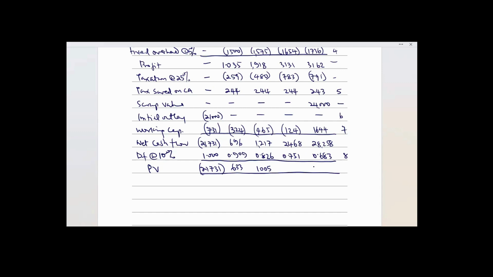Sorry, year one is in thousands. Year one is 696 multiplied by 0.909. Let me do it. Year three is 1853.